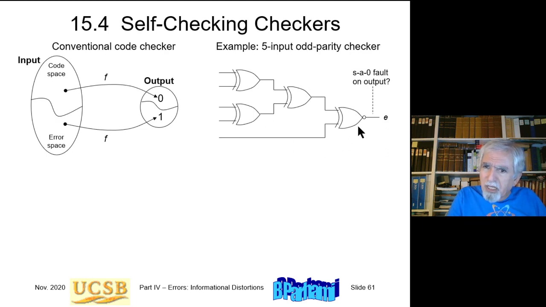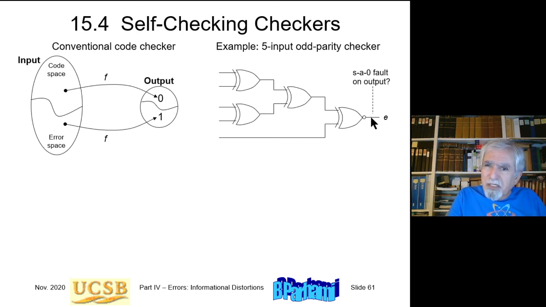It's not self-checking, because this E can become stuck at 0, and then we can never detect a problem in the input. This is like a fire alarm in a room, basically being stuck, running out of a battery, and therefore it will never sound the alarm no matter what happens, okay?